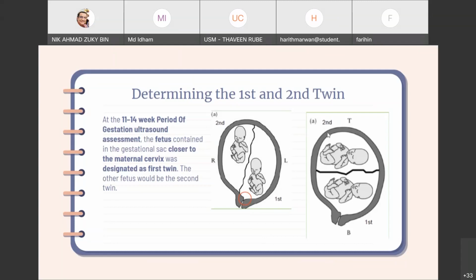On the second picture, the twin below is closer to the maternal cervix, so this twin is considered the first twin, and the superior twin is considered the second twin.